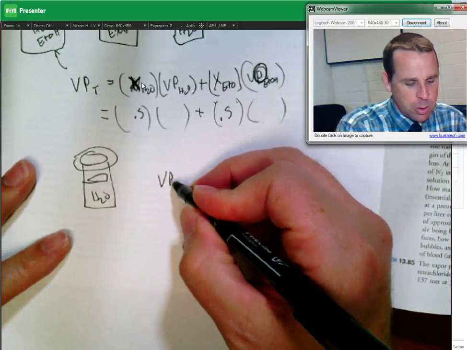The total vapor pressure is going to be equal to the mole fraction of the water times the vapor pressure of the water, which it told us was 23.8 torr, plus the mole fraction of the solute, C6H12O6, times its vapor pressure, and the problem says it's not volatile at all.